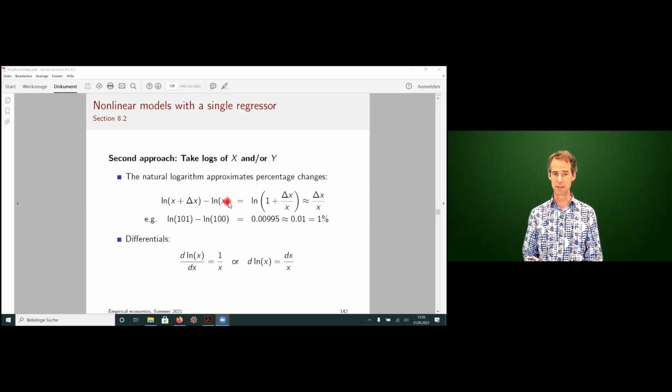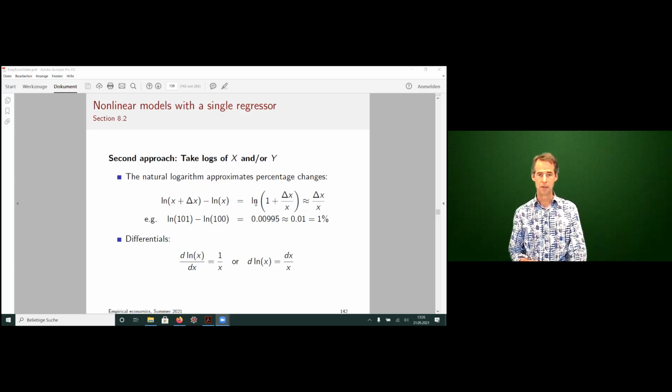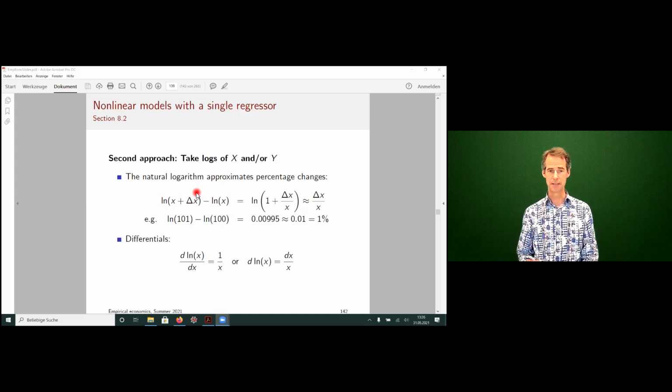which means that the difference of two logarithms is the same as the log of the fraction. That is, if you go from here to here, you have x plus delta x in the numerator and x in the denominator, and then you can rewrite that as 1 plus delta x over x. That's exactly the same, just by the rules of transforming the log.